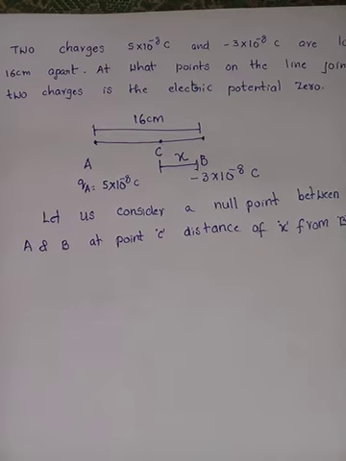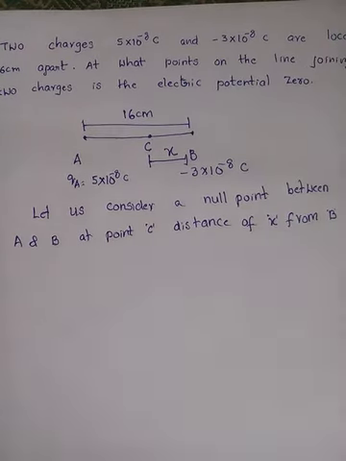The remaining 16 centimeters minus x. So we assume that the potential at C is 0.